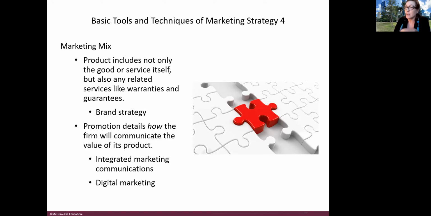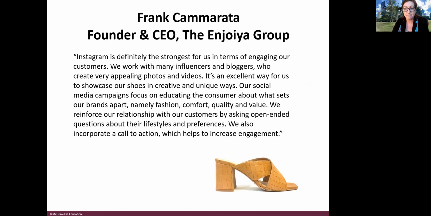Now, promotion is definitely all about the marketing communications that we put out there to communicate the value of the product that has been designed and developed and made available to the marketplace. But talking about promotion is kind of overly simplistic. Let's look at integrated marketing communications and digital marketing and make sure all of that messaging is consistent and on track with the product and brand strategy.